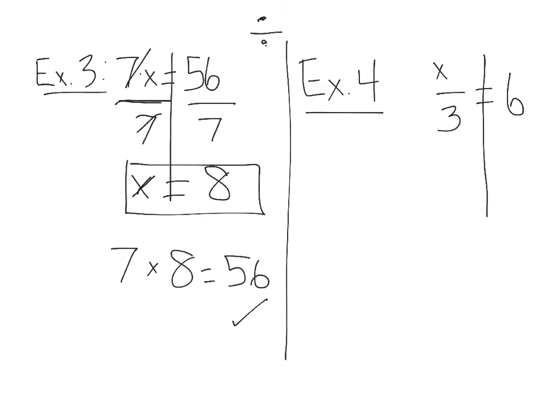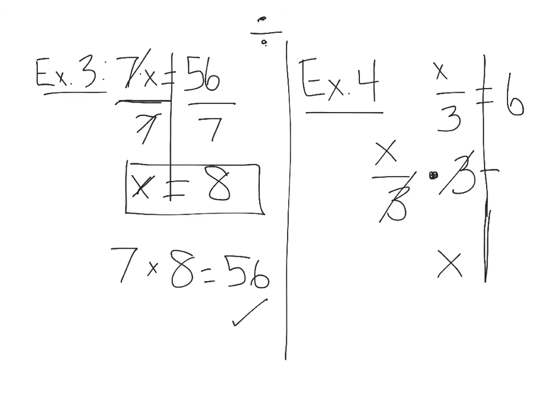Now, I can undo divide 3 by multiplying 3. So the way I'm going to write that is x divide 3 multiply 3. And again, I'm going to use that dot as my multiplication symbol. And the reason why I want to multiply 3 is divide 3 and multiply 3 are inverses. So when I multiply that left side by 3, I'm just left with x.